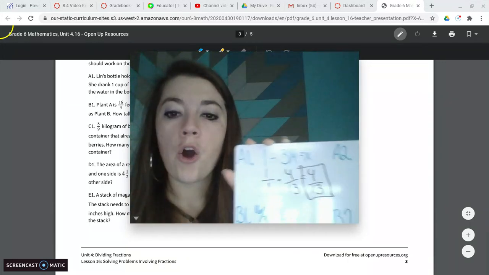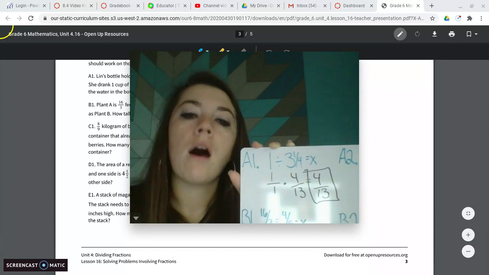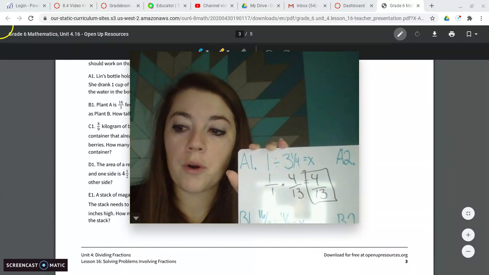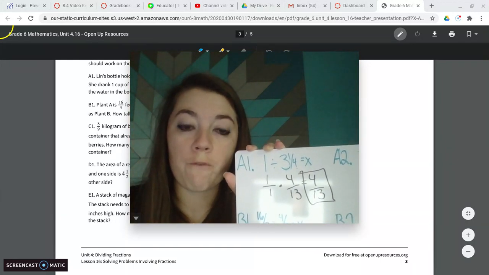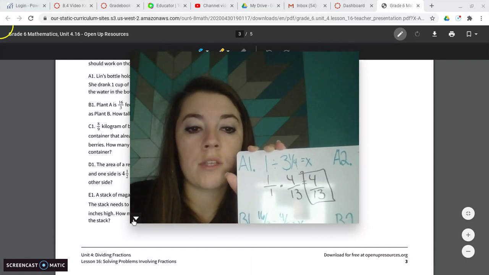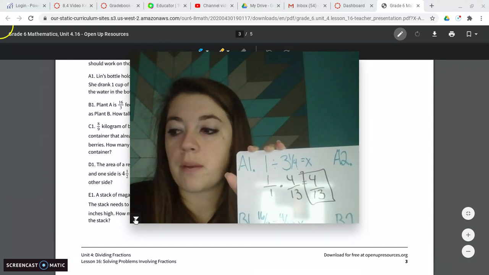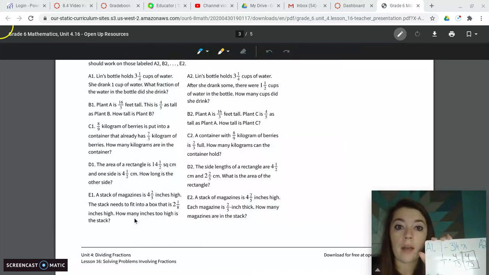So she drank 4/13 of her water bottle. All about same times flip. We're going to be doing a lot of that in here, but not all.